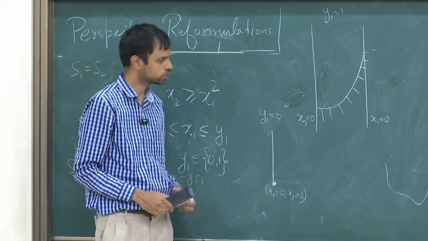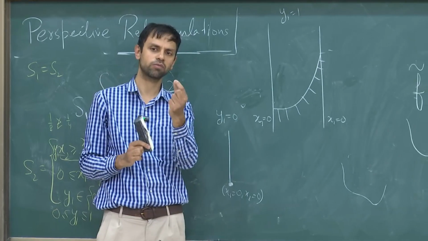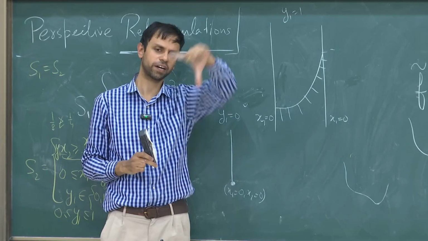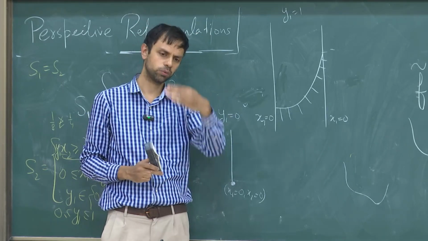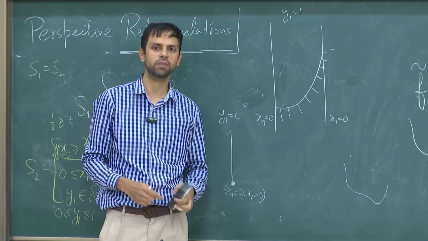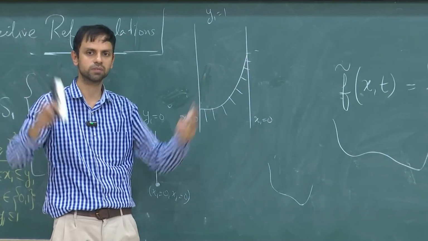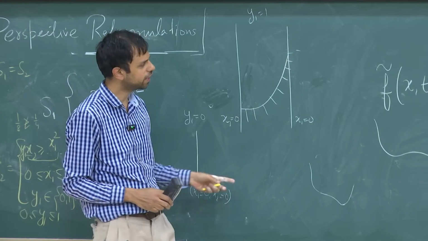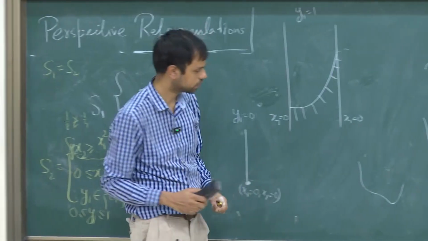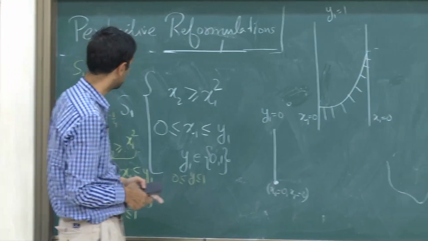Or you can think of a source of light spreading out in a cone, and you put the picture of some function. As you go further and further away, the function keeps looking bigger and bigger, the shape remains the same, but the size keeps increasing. And that is linear in t, the distance you go.